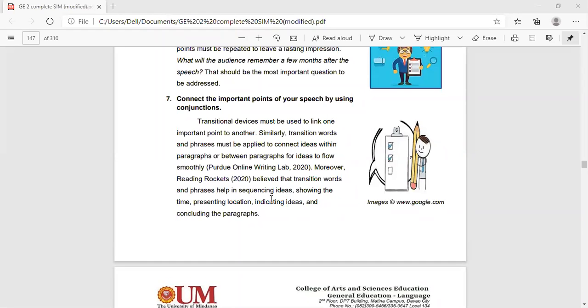Ang tawag na coherence within the paragraph. Okay, so moreover, Reading Rockets 2020 believe that transition words and phrases help in sequencing ideas, showing the time, the presenting location, indicating ideas, and concluding the paragraphs.